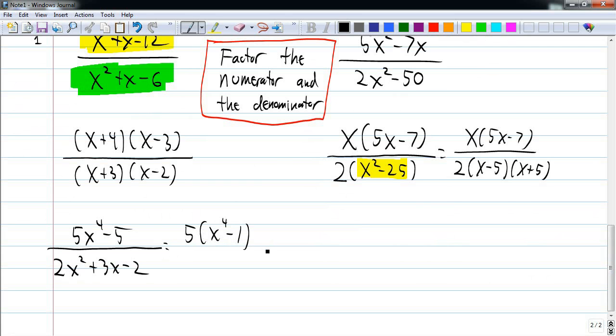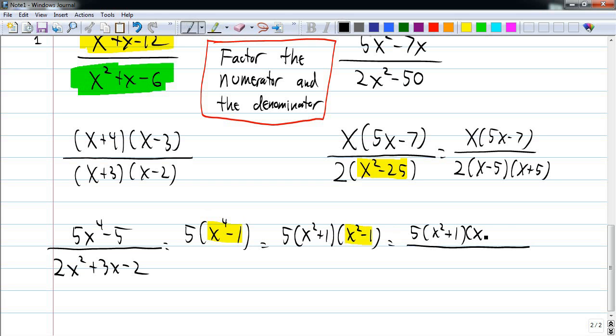And then that's a difference of 2 squares, and then this is also a difference of 2 squares, so I can factor it some more. So I can factor this all the way down to 5 times x squared plus 1 times x plus 1 times x minus 1. Factor everything down as much as it goes. This doesn't factor because it's a plus, not a minus. It's not a difference of two squares.